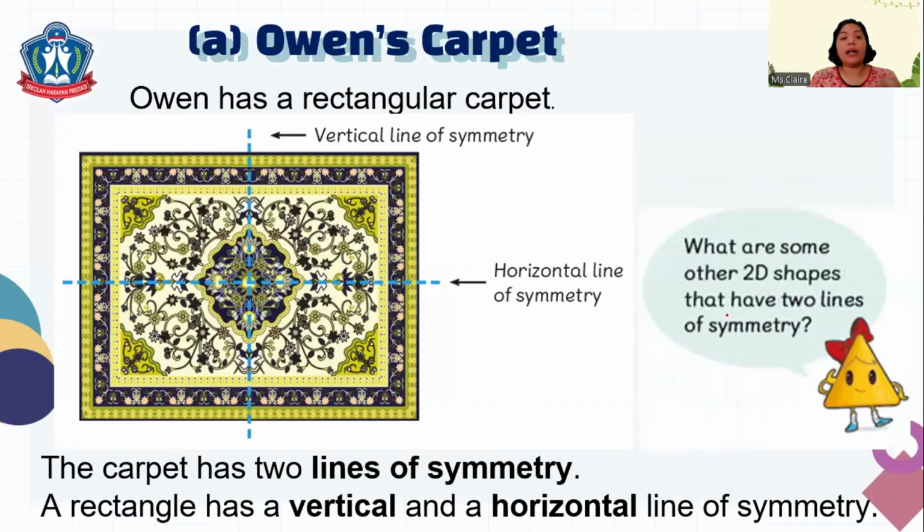So a rectangle has 2 lines of symmetry: the vertical line, the top to bottom line, and the horizontal line from left to right. So we can only fold a rectangle into 2. Can we do the diagonal line of symmetry for a rectangle? Okay, you can give me the answer during our class.